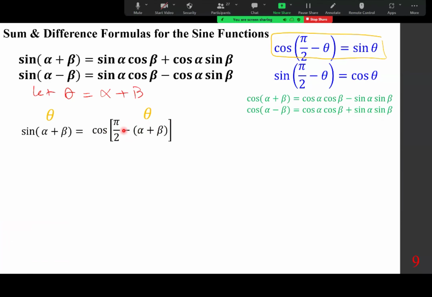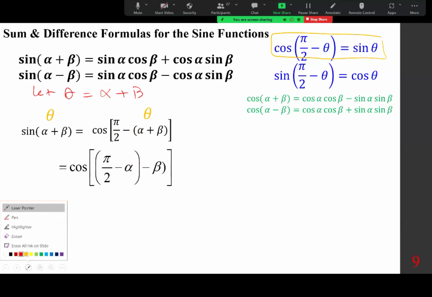So this would be writing pi over 2 minus alpha minus beta. We are going to rewrite this as pi over 2 minus alpha minus beta. Please understand this is minus alpha minus beta. When we distribute that, we keep these two together.